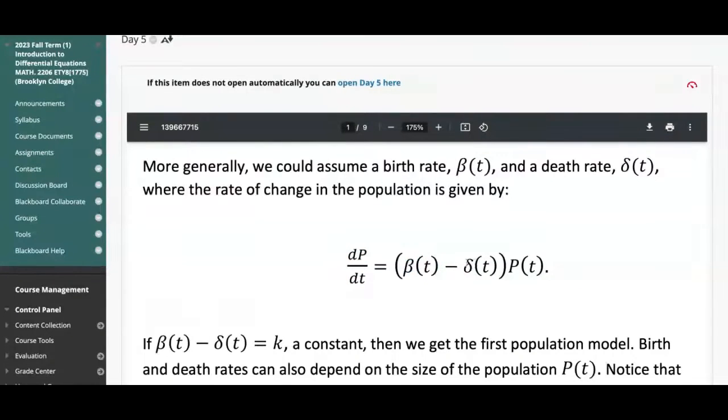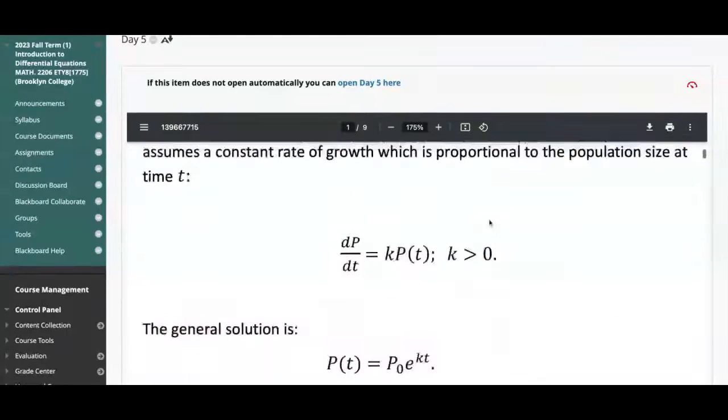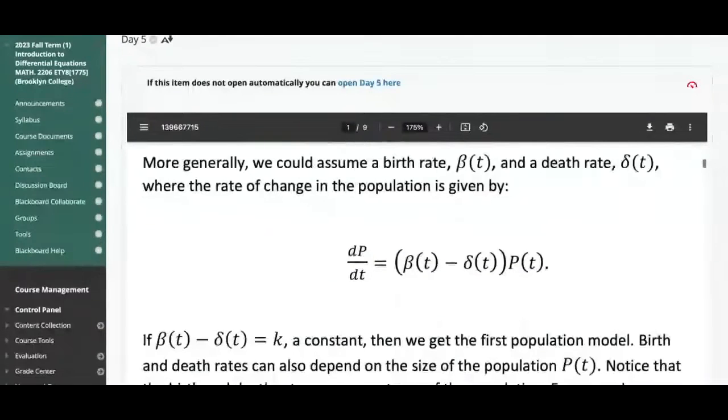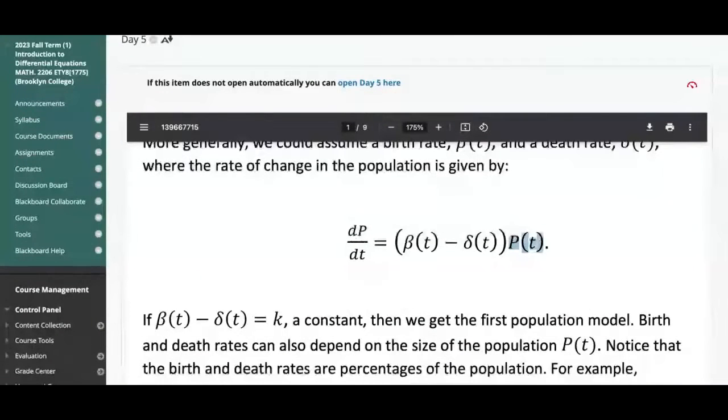So that's beta of t minus delta of t, the birth rate minus the death rate, multiplied by P of t. What is P of t? You didn't say it, just population. Just the population function.